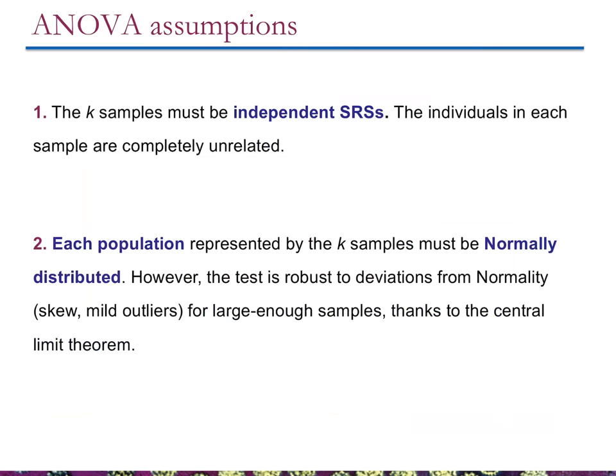That's because the ANOVA test, like the t-test, is fairly robust to deviations from normality, skew, mild outliers, that kind of thing. So as long as we have a large enough number of measurements totaled across all of our samples, then because of the central limit theorem, a little bit of skew or non-normality, mild outliers, is fine. Usually you probably want to have a total sample number of about 40 or so if you're concerned about this.